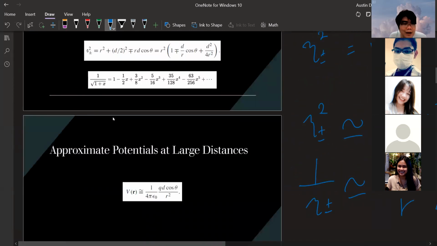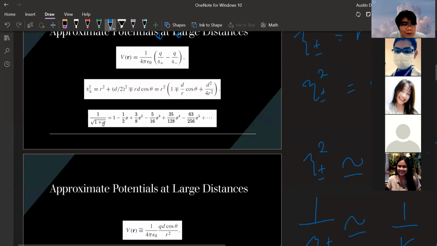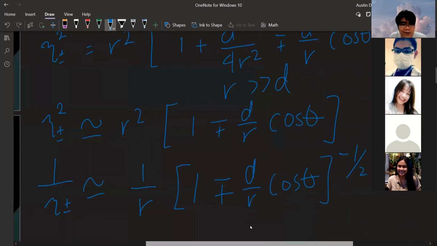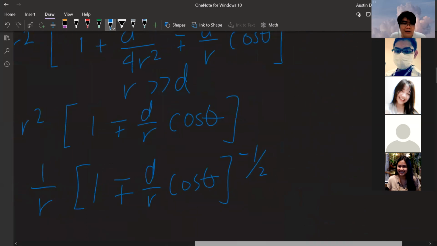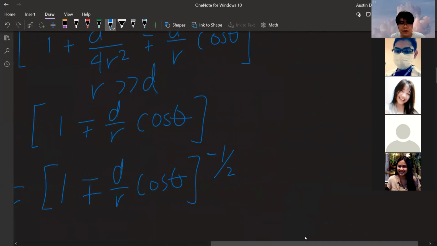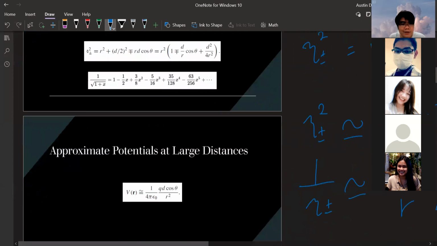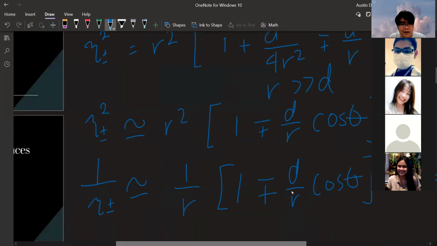So, when we have 1 over square root of 1 plus x, the expansion goes like this. May 1 minus 1/2 x plus 3 over 8 x squared, and so on and so forth. So we expand this. So this is equal to 1 over R. Then the expansion. Let's do the expansion. So si x, papalitan ko lang ng this whole guy.